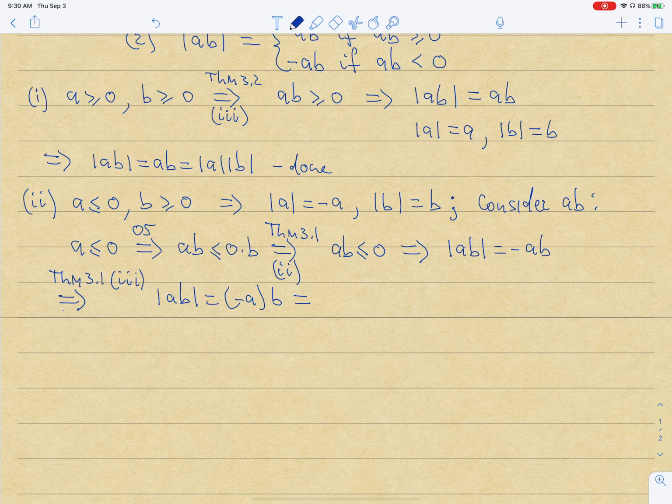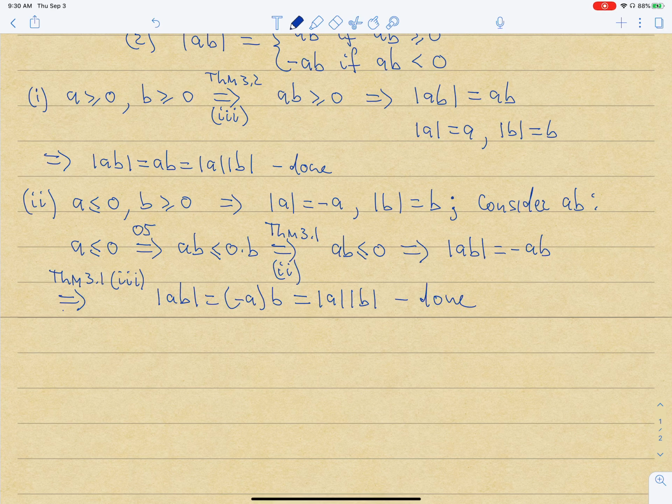And now we utilize what we already said about absolute value of A and absolute value of B. Minus A is the same thing as absolute value of A, and B is the same thing as absolute value of B. So that means that we're done, right?